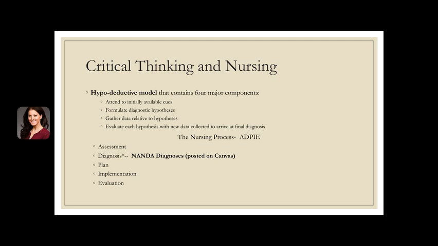It's the ability to attend to initial available cues that the patient is offering to you. It's then the ability to formulate diagnostic hypotheses. The next is to gather data related to that hypothesis. And then the fourth is to evaluate each hypothesis with each new data collected until you arrive at a final diagnosis.